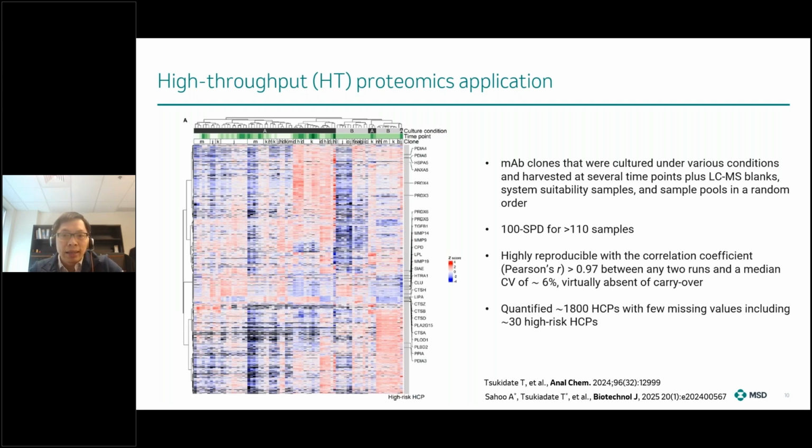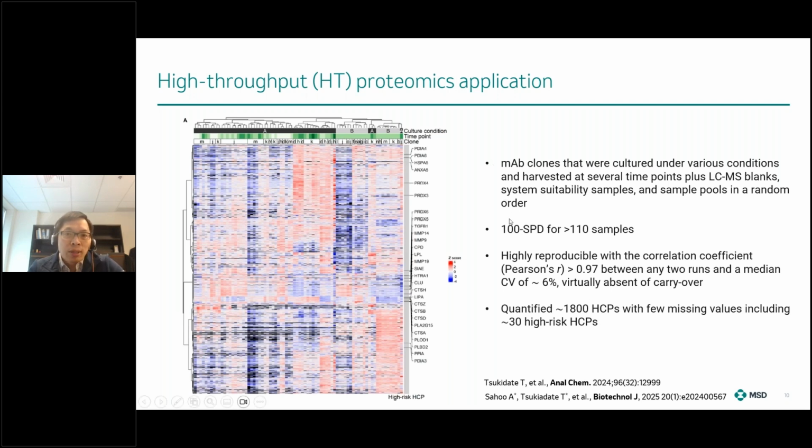So in this case study, which is published in the publication shown here, we evaluated one monoclonal antibody that was cultured under various cell culture conditions and harvested at different time points, and we also coupled with a lot of mass spec system suitability samples and blanks to make sure of the quality of the data.